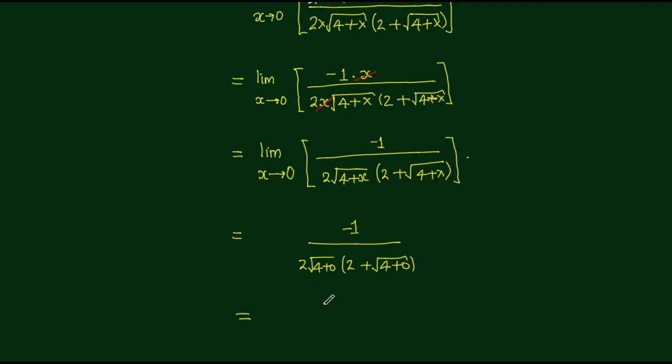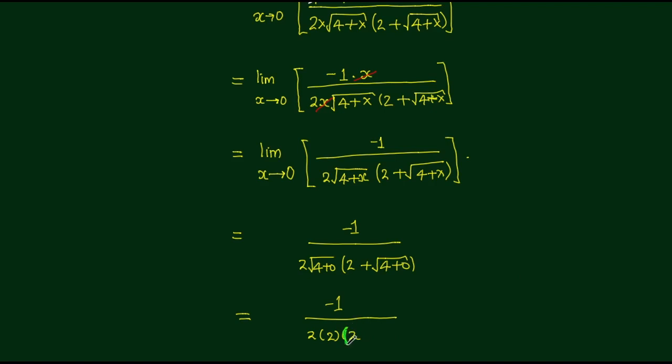Now this one is going to be negative 1 all over 2 times square root of, cos 4 plus 0 is 4, square root of 4 is 2, then multiplied by 2.